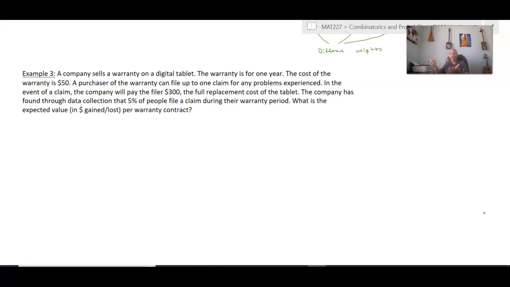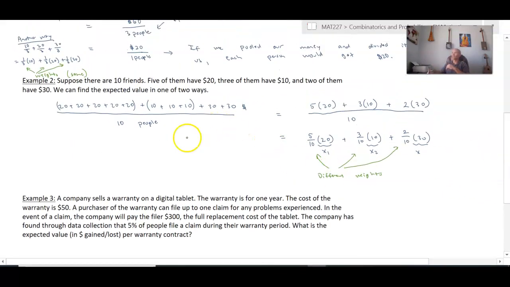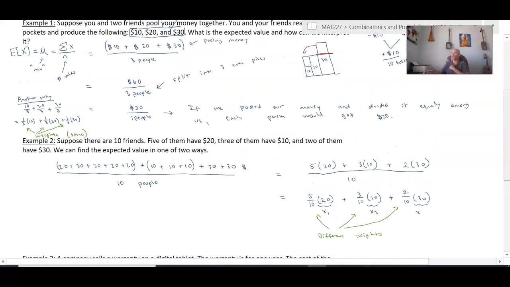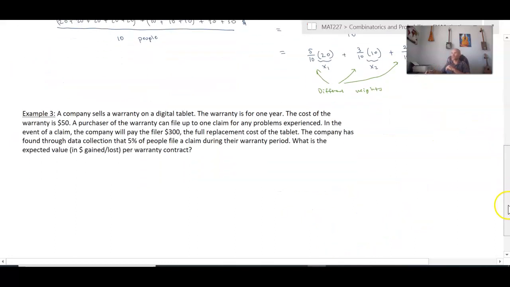And there's a risk, right? There's an uncertainty, whereas up here in our averages, there was no uncertainty, because we knew exactly what each person was contributing, and we knew what each person would get, and same in example 1, assuming that money would be redistributed.